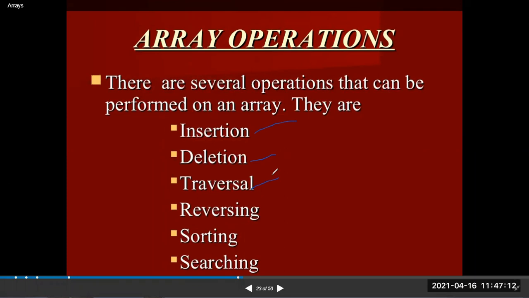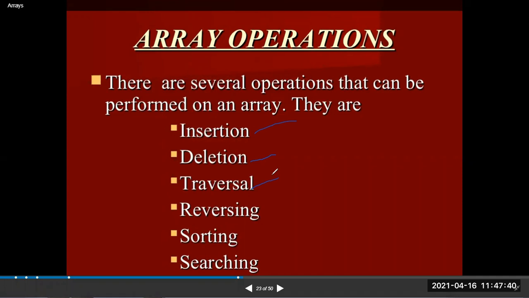Then reversing. You have to reverse the given array. Next, sorting. Sorting means the elements will be sorted in ascending order or descending order. In this example, we are using the bubble sort technique.